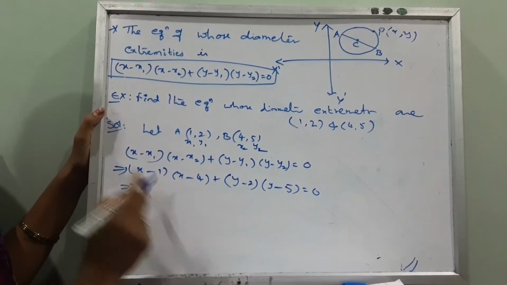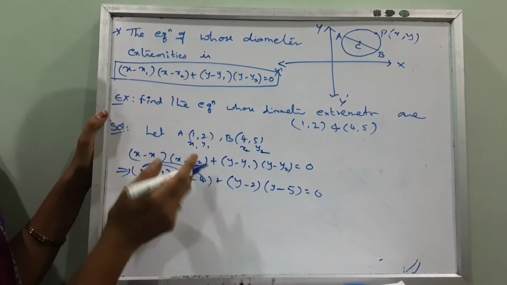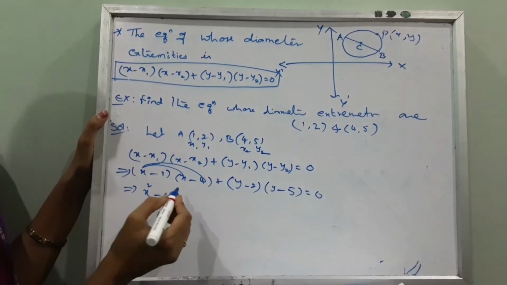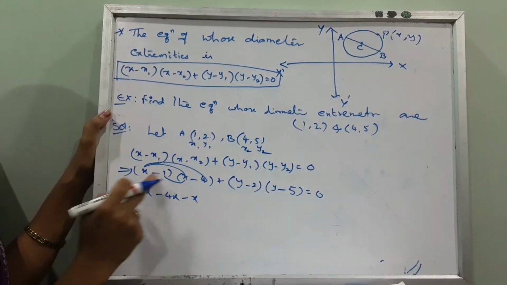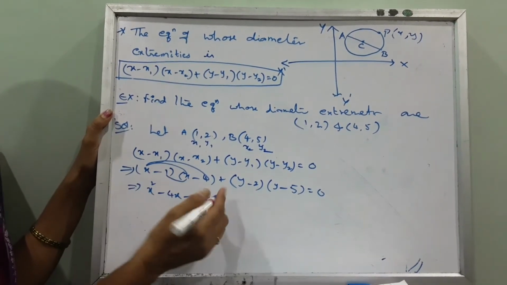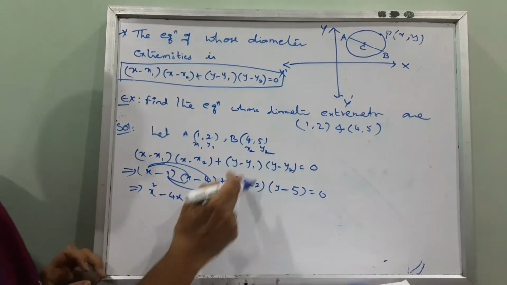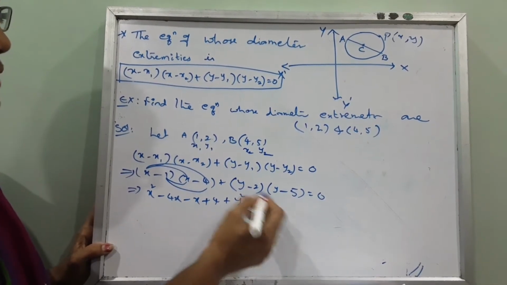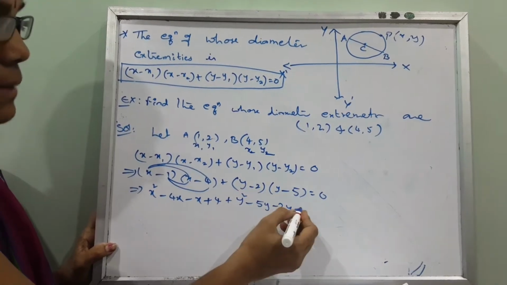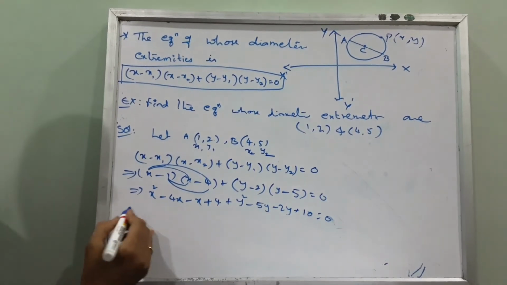Expanding, x square minus 4x minus x plus 4, and y square minus 5y minus 2y plus 10, is equal to 0.